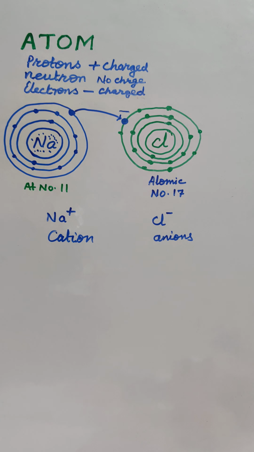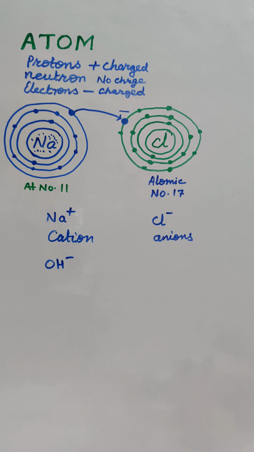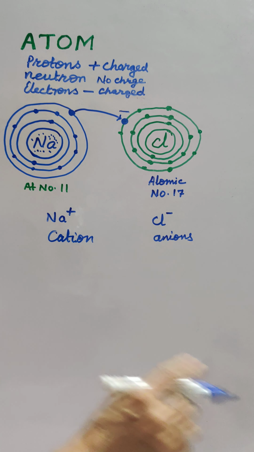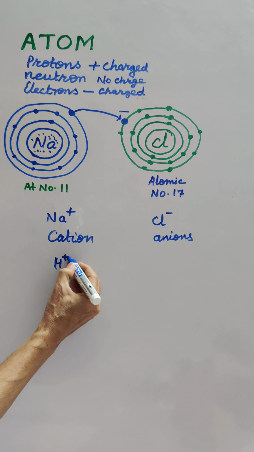There are so many examples of forming anions, like OH forms an anion. Here we shall write all cations. Sodium, hydrogen also forms a cation.